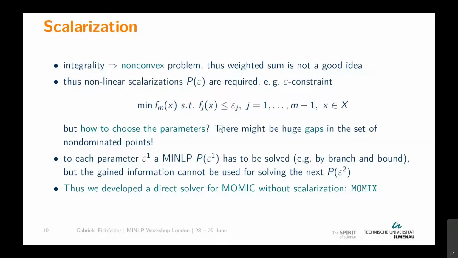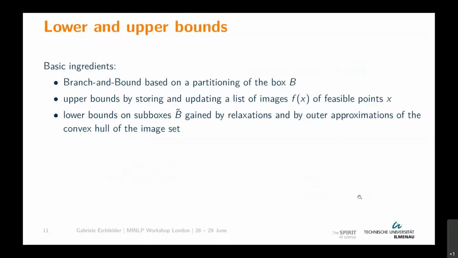So for that reason, we decided to develop a direct solver for our mixed integer optimization problem, which we are going to call MOMIX. And I'm going to present to you the basic ideas. It will be a branch and bound method with a branching done in the decision space, in the pre-image space. Of course, we need upper bounds, which will be just images of feasible points.